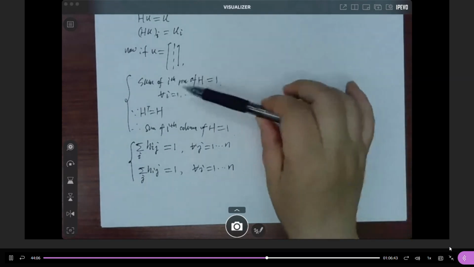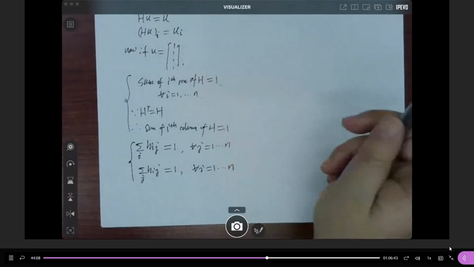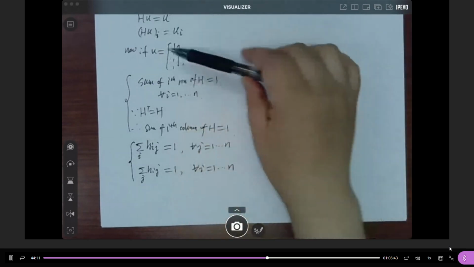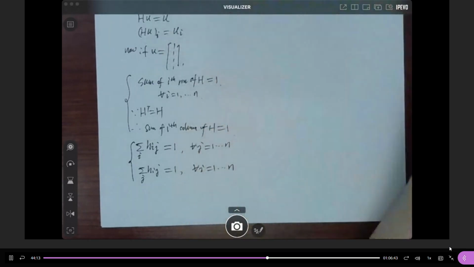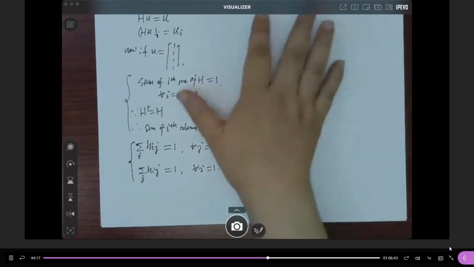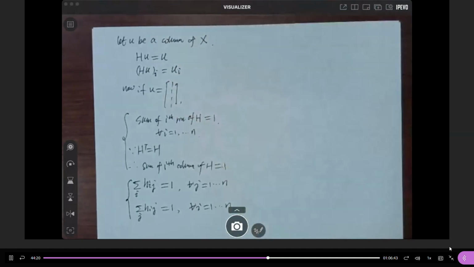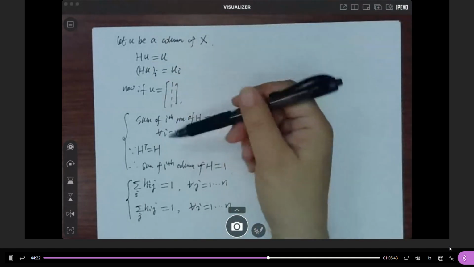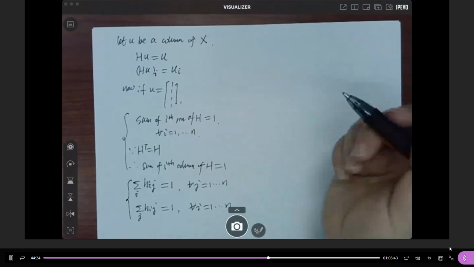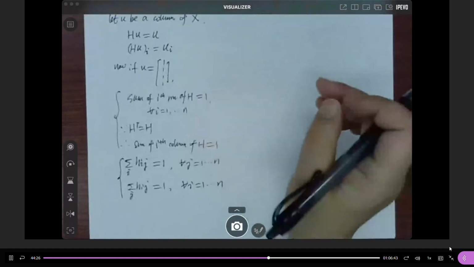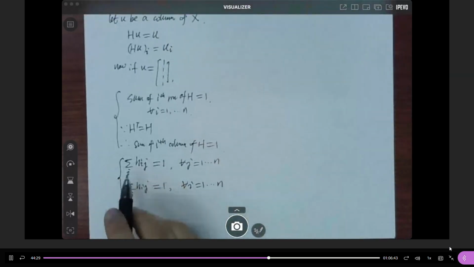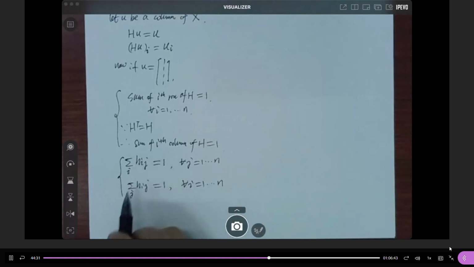The purpose of writing this is to get the sum of H. When U is all ones, you get the sum of a row of H. Of course, in this conclusion it doesn't have to be all ones, but you are using this specific case in order to get the sum of a row of H. Your purpose is to prove this property: the sum of any row equals 1.